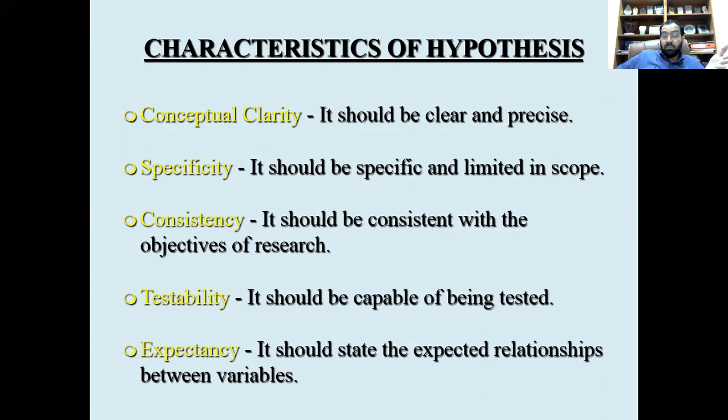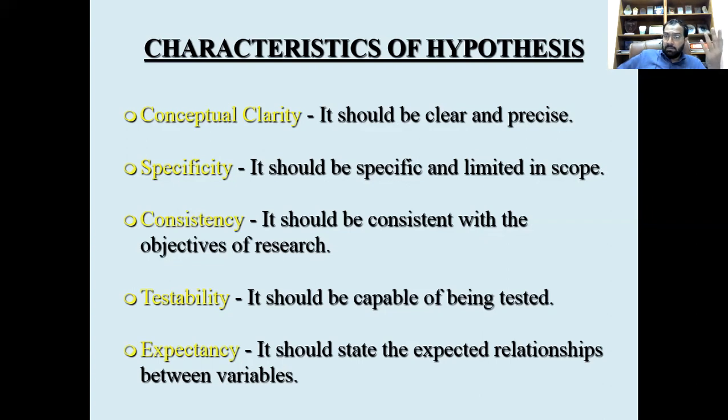Now, the research question, or the hypothesis, whatever you build, must relate these two specifically. If it has no relationship there, which is in line with the research objectives, then they are not consistent. Testability: it should be capable of being tested. You can verify it, you can test it.